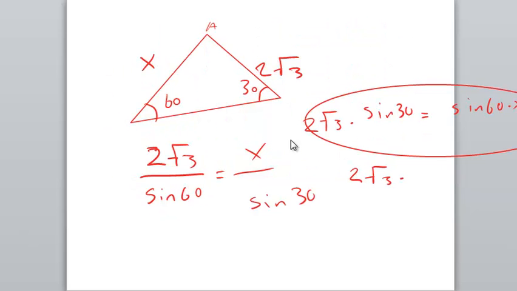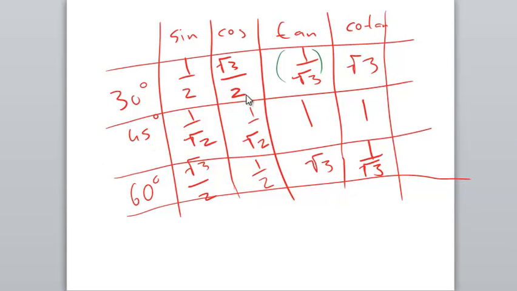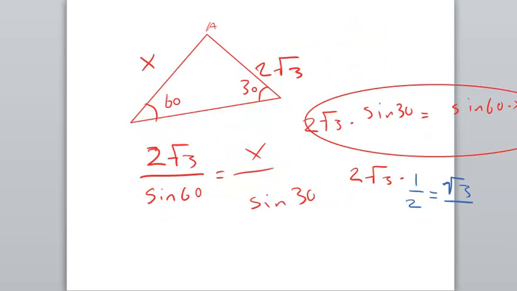So 2 root 3 times 1 over 2 is equal to root 3 over 2 times x.